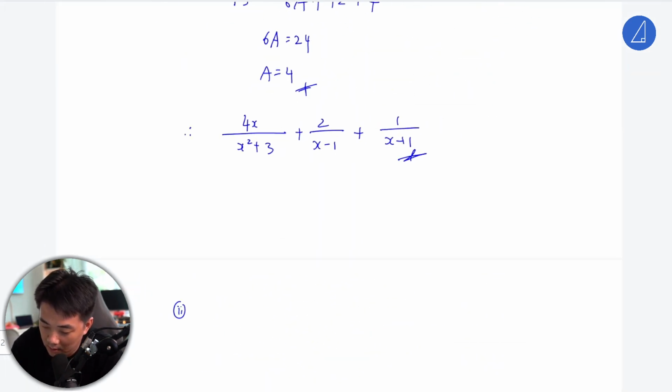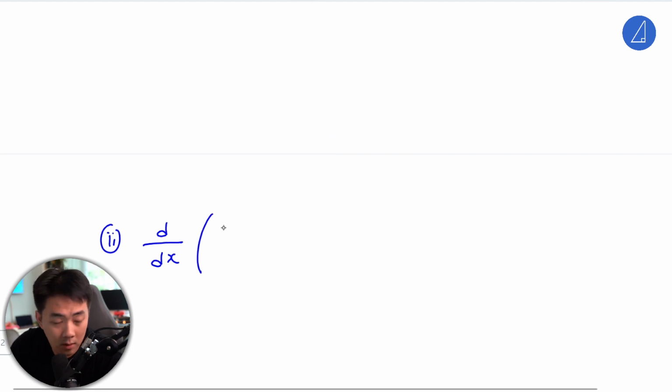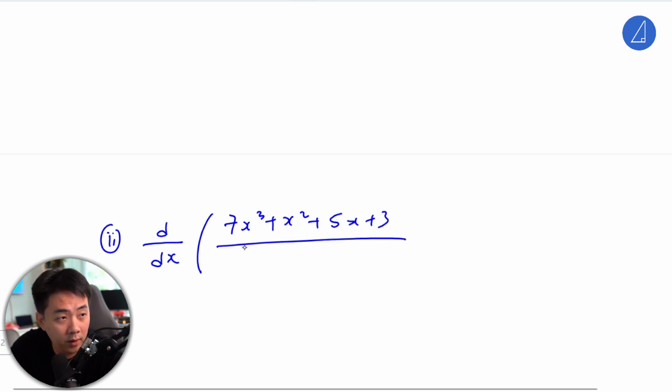So I'm going to differentiate d/dx of (7x cubed plus x squared plus 5x plus 3) over (x squared plus 3)(x squared minus 1).